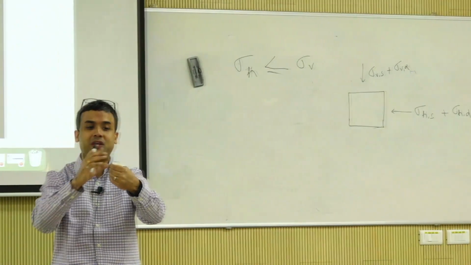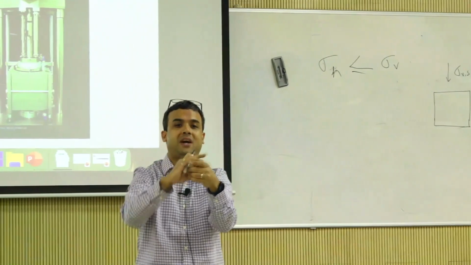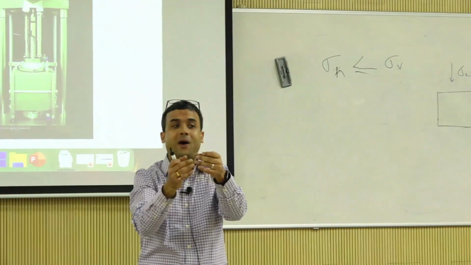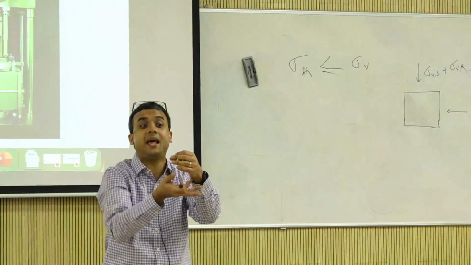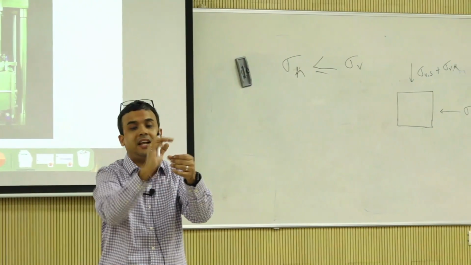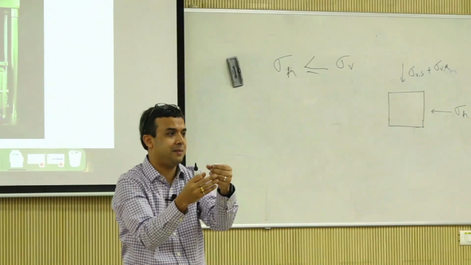In the past, we used to keep it in a chamber, so the same air pressure was confining all the way. Now I am separating it, because when it was the same air pressure covering, I had no way of making sure that the horizontal is greater than the vertical, because the vertical is feeling the same as the horizontal.